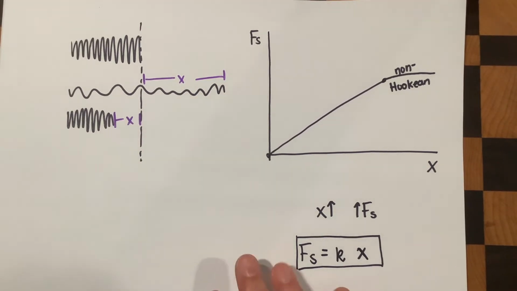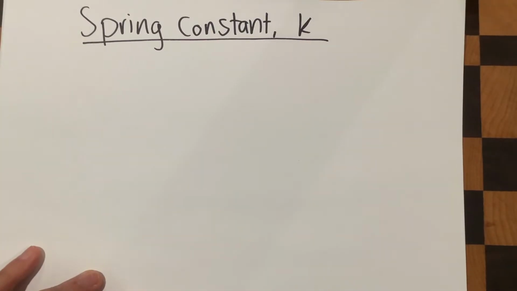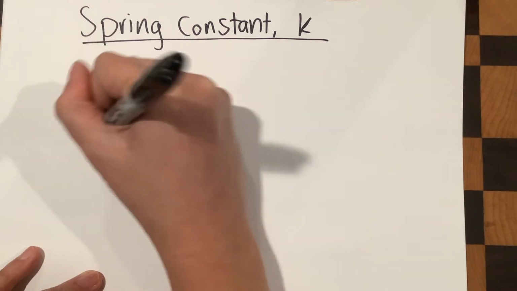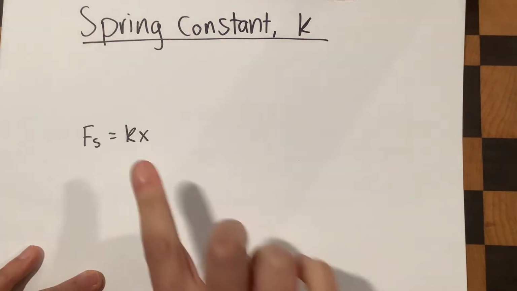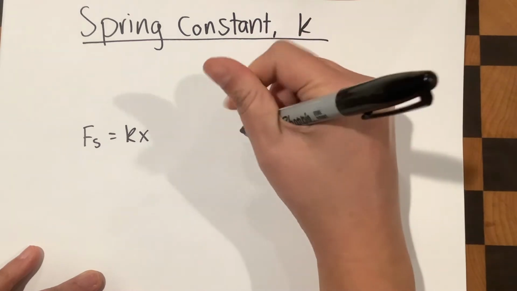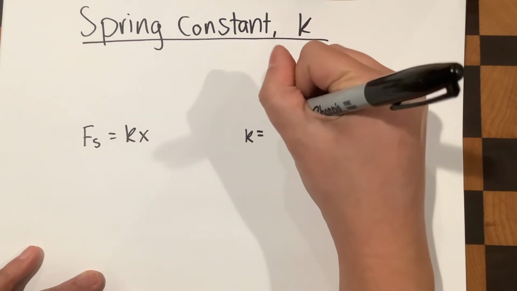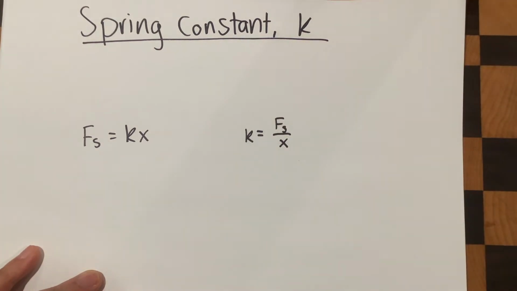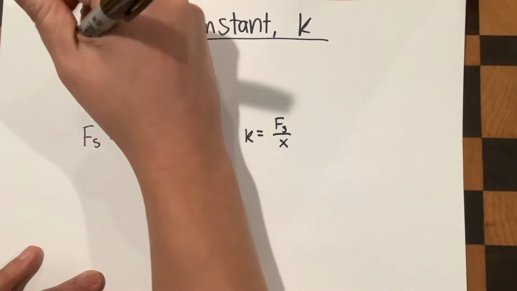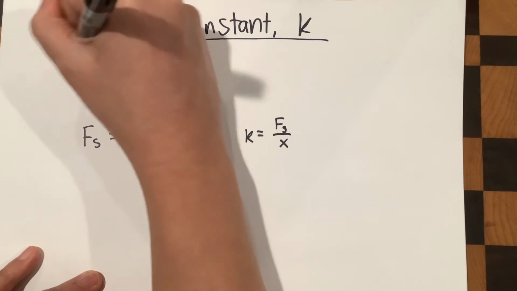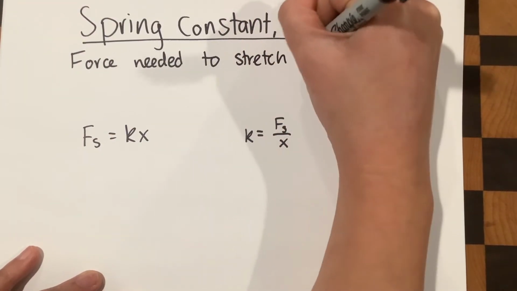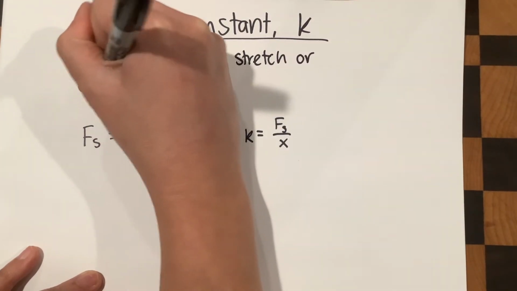In fact, if you want to find spring constant, all you need to do is rearrange the Hooke's law equation. Instead of saying Fs is equal to kx, what if you divide the x to the other side? The spring constant is force divided by meters of extension. So think of spring constant as the force needed to apply to stretch or compress your spring by 1 meter.